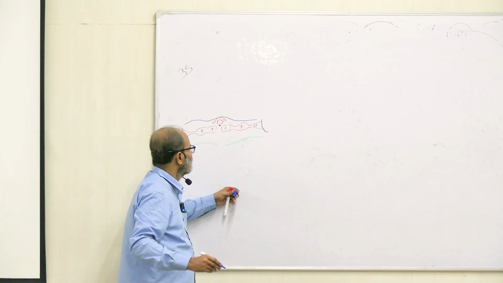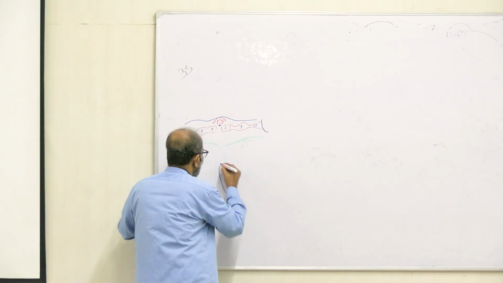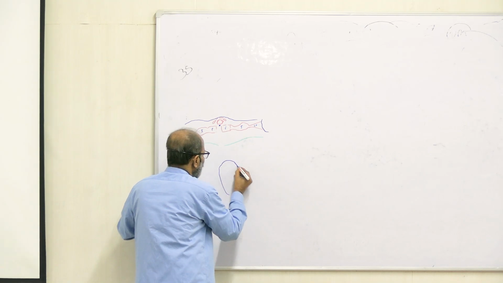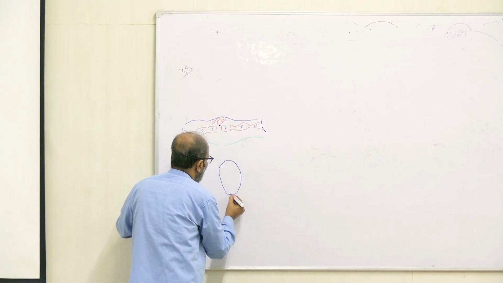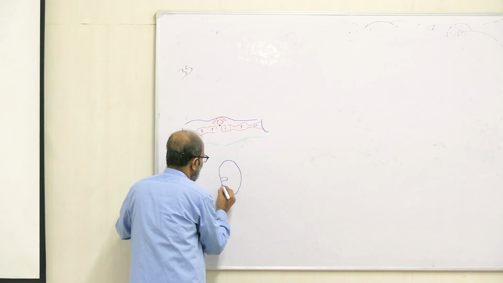Now we see another development. At first the neural tube has just a single layer of tall columnar cells.